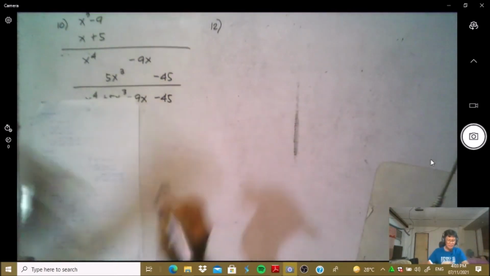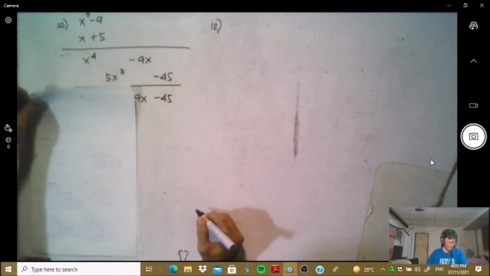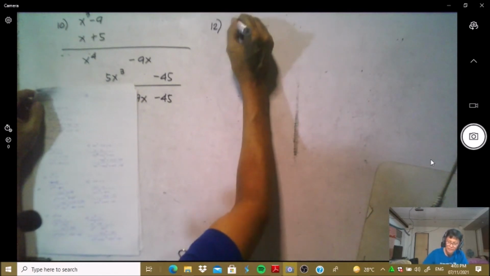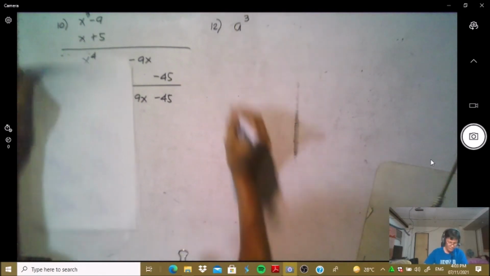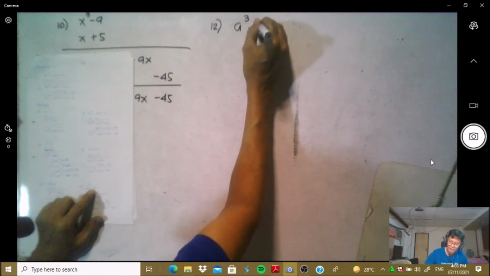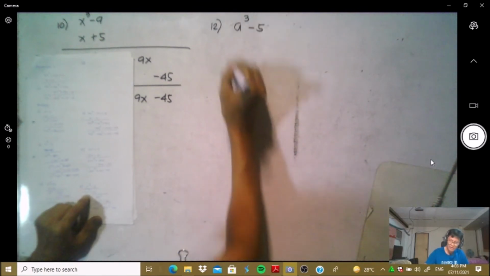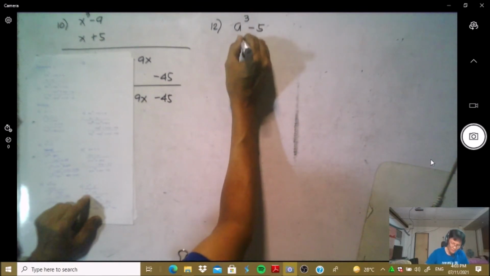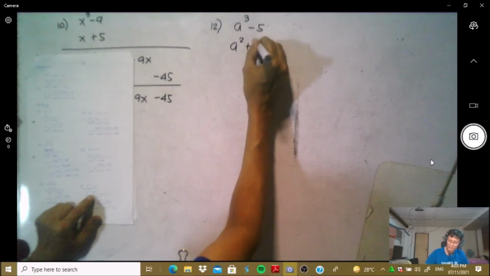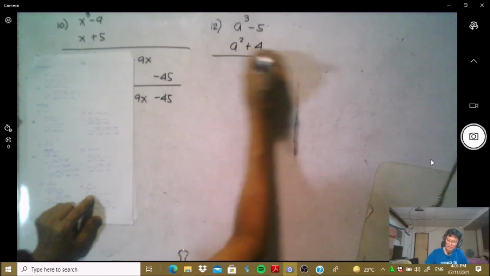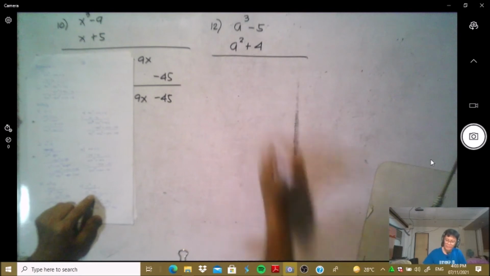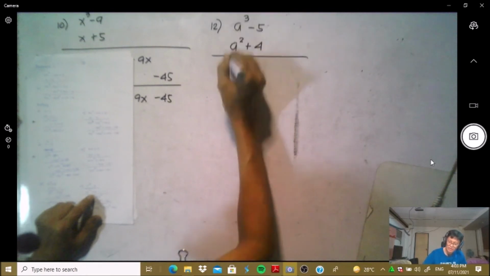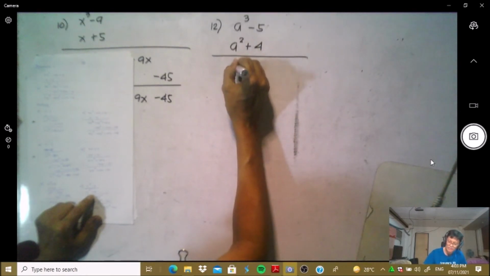Okay, let's proceed to number 12. So number 12, we have a cubed minus 5, then a squared plus 4. Okay, so directly we have a squared times a cubed is equal to a to the fifth.